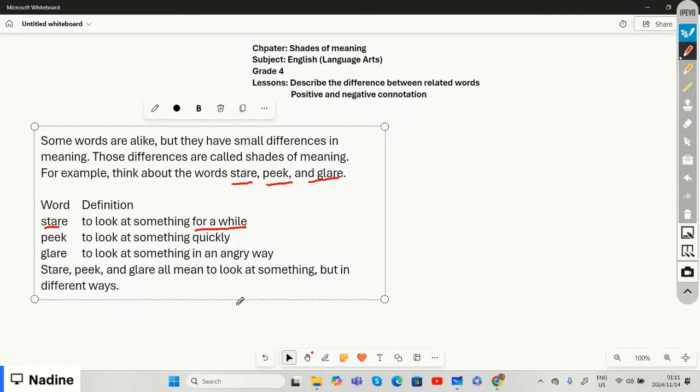So we said the first word is stare. And stare is to look at something for a while. Just looking at you, staring at you, looking at you for some time. That is stare.